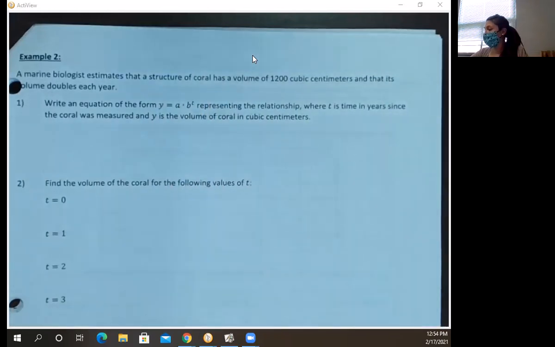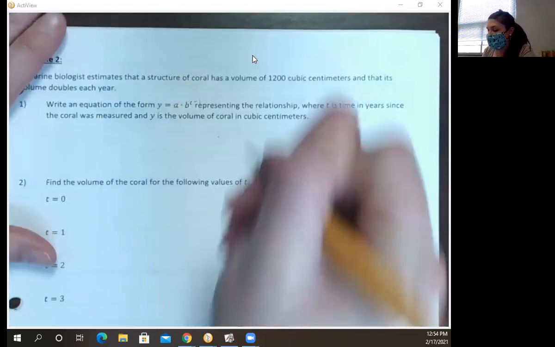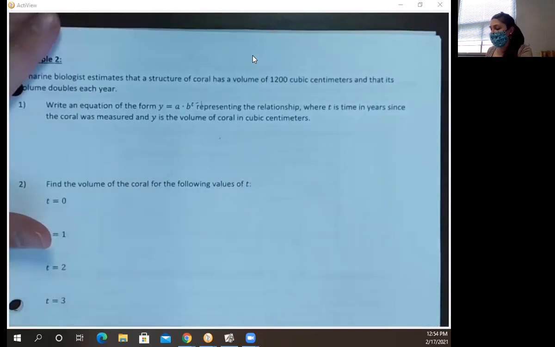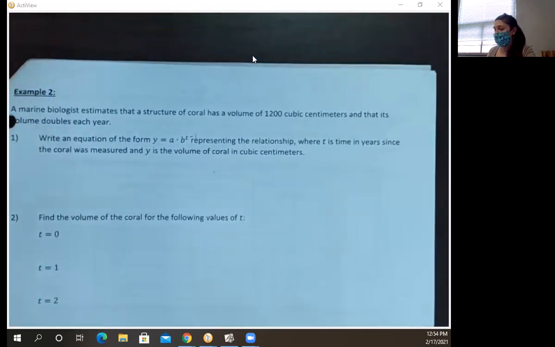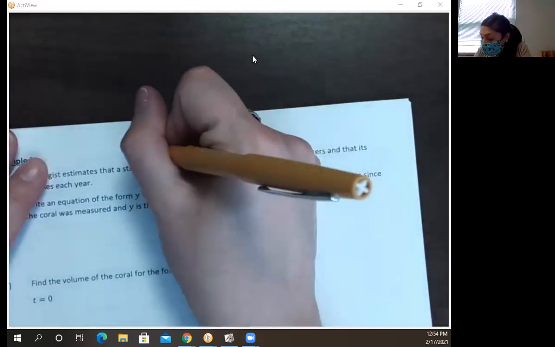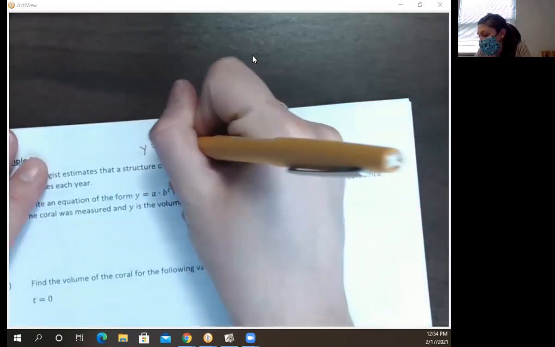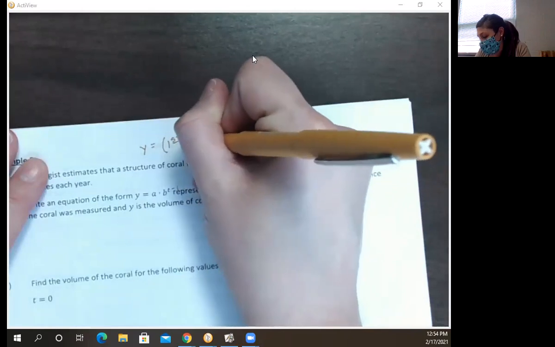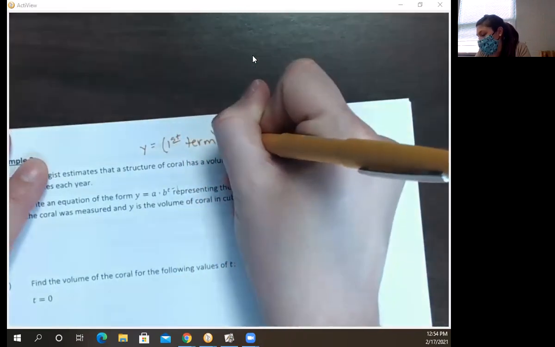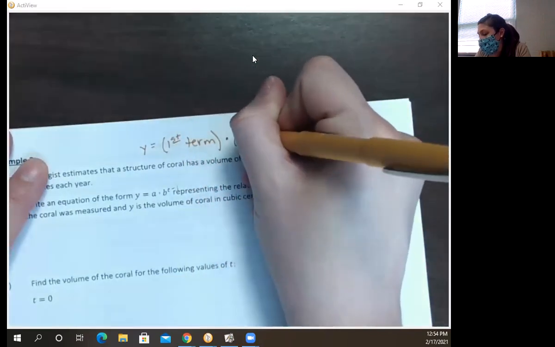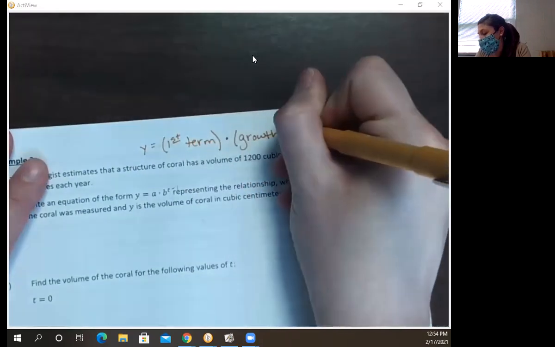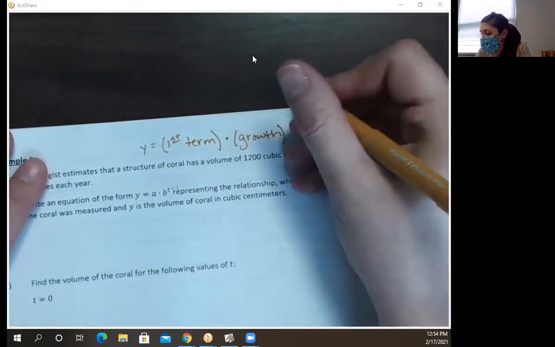Before, we had a little -1 here. And there's a reason we had a -1 there. When we were looking at our sequence, and then even when we started writing those geometric or those exponential equations in this unit, we said that our general pattern was that first term multiplied by whatever that rate of growth was to some sort of exponent.